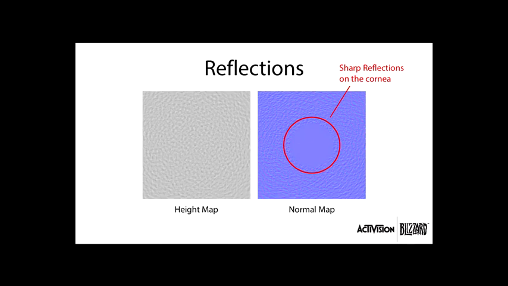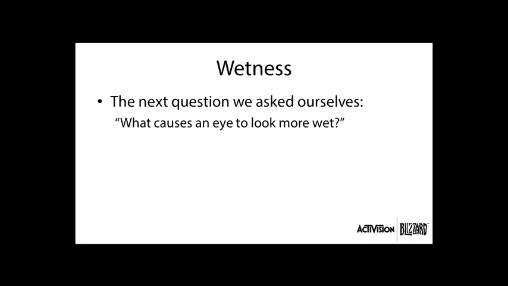So we created a height map using sine functions and then generated a normal map from that. And you can actually tell that this is the same noise that we use for the skin microgeometry. This little change improved the quality of the reflection significantly, but we are still only halfway done.